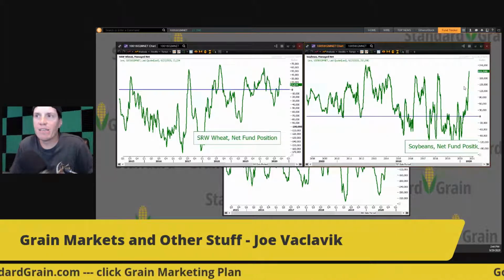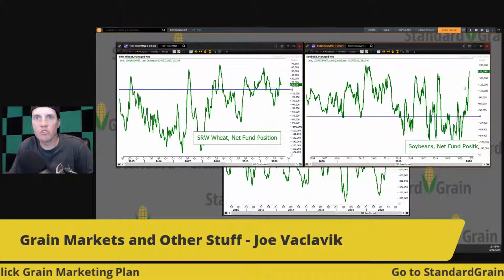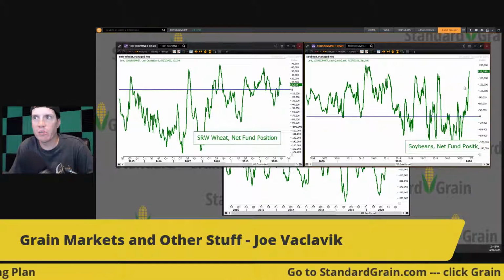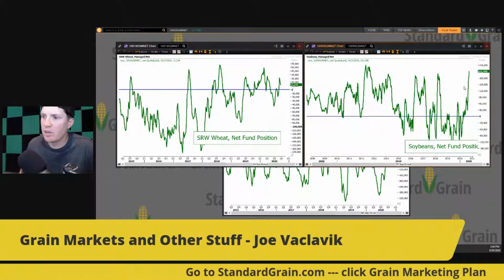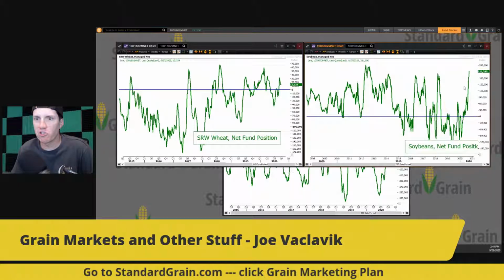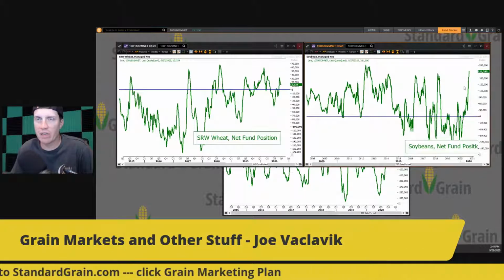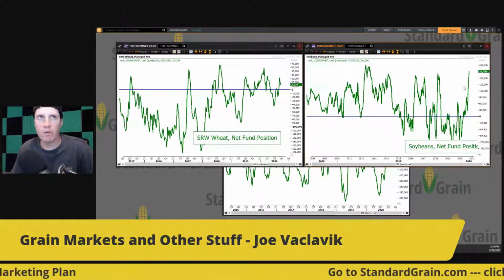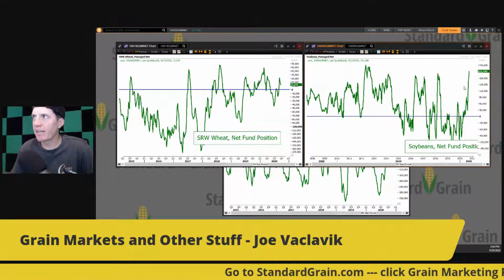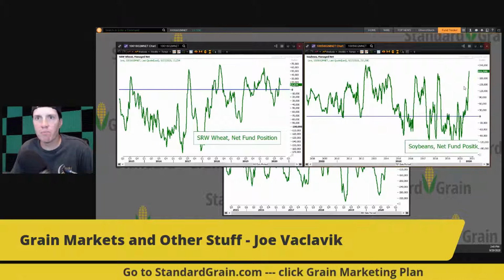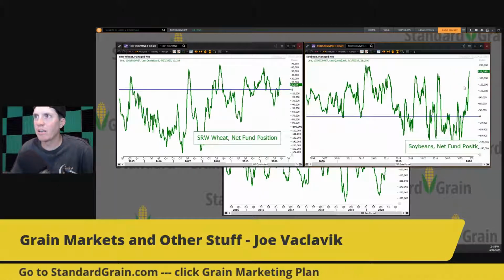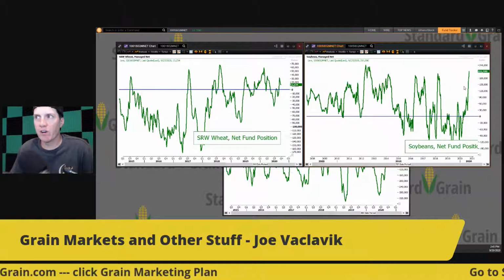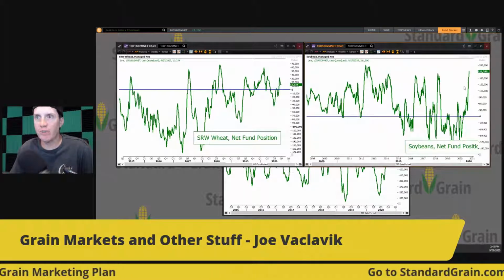But in any case, I think the big fund long in the soybean market is certainly something to pay attention to. One, because it shows you that fund traders have driven up the price. They've been buying aggressively and have helped to contribute to the run up in prices. The second thing, and maybe just as important, is that you've got risk here that the fund trader finds a reason to liquidate.